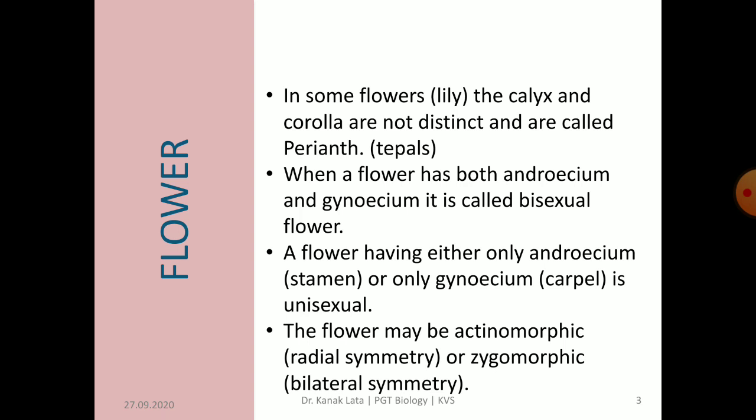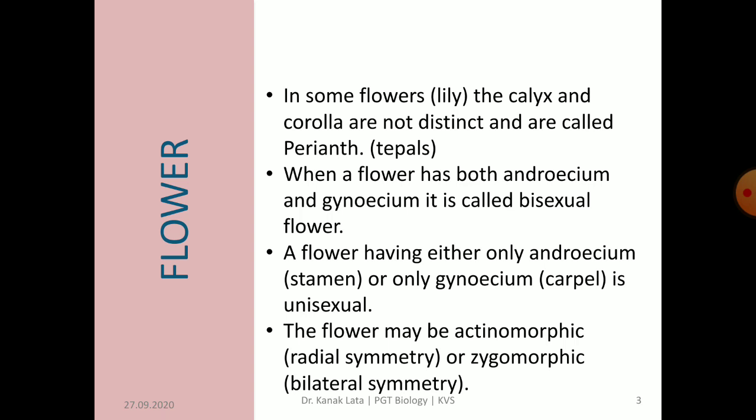In some flowers like lily, the calyx and corolla are not distinct, they are not differentiated, so they are called perianth or tepals. Flowers may be bisexual or unisexual.